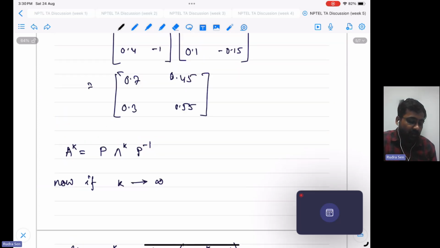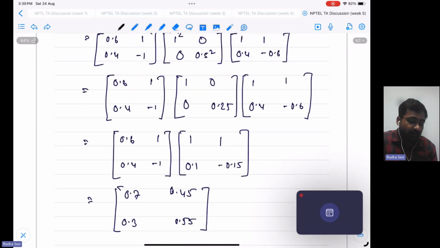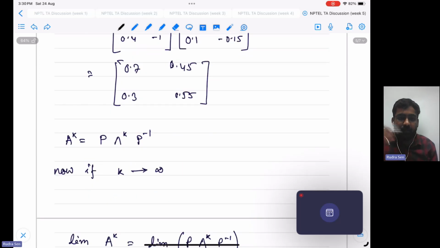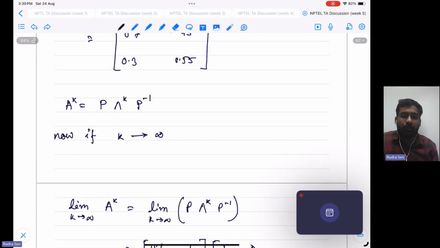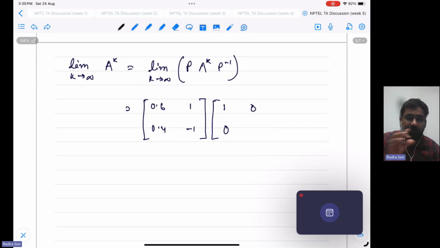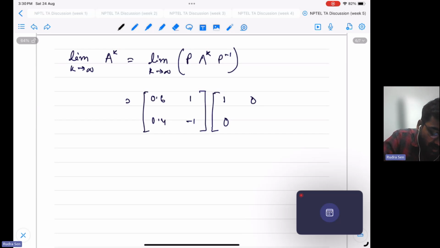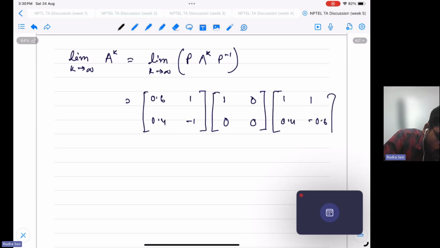The other is 0.5, which is a decimal term. If we square it, cube it, take it to the power 4, 5, the value is definitely decreasing. As k tends to infinity, this value becomes 0, and this is 1.4, minus 0.6.